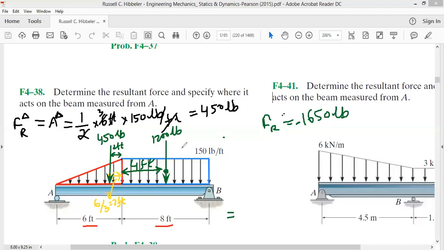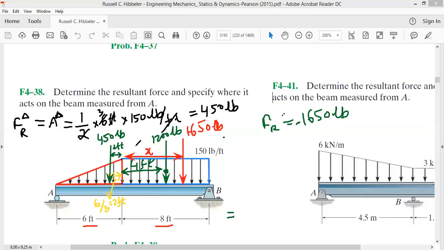Where will that force be placed? Let this resultant force of 1650 pounds be acting at a distance x, as we have done previously.